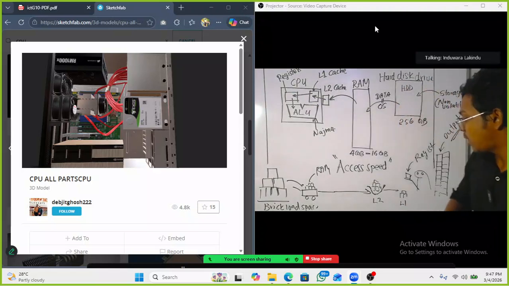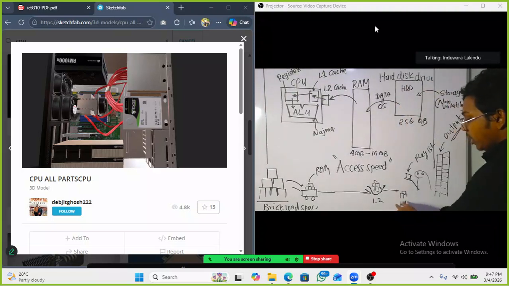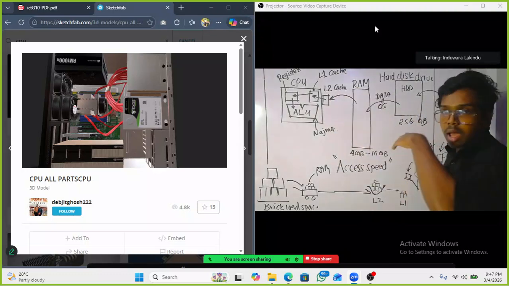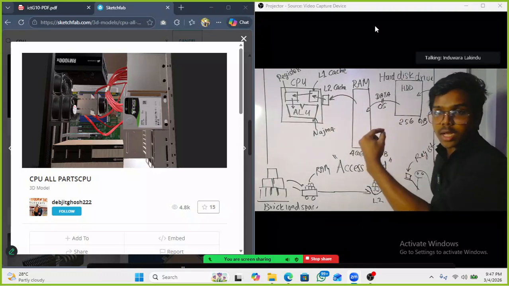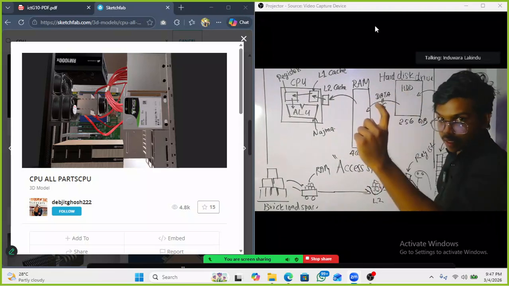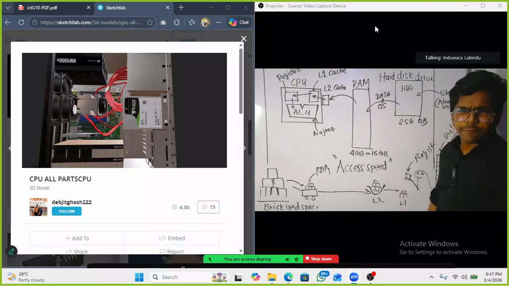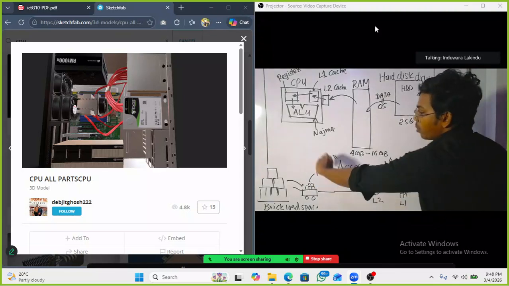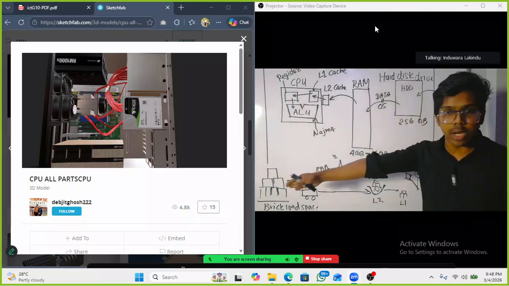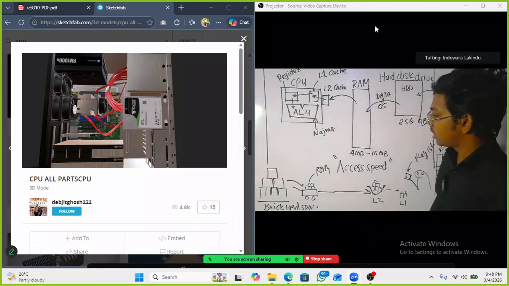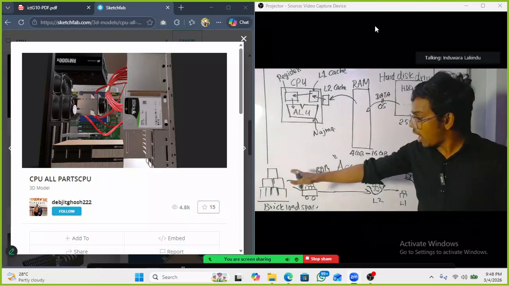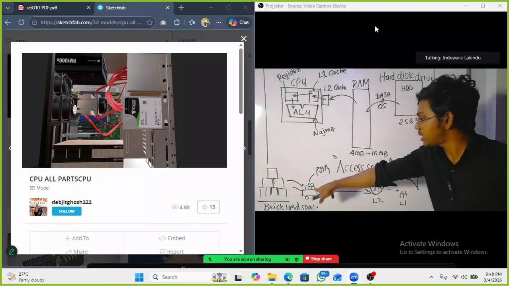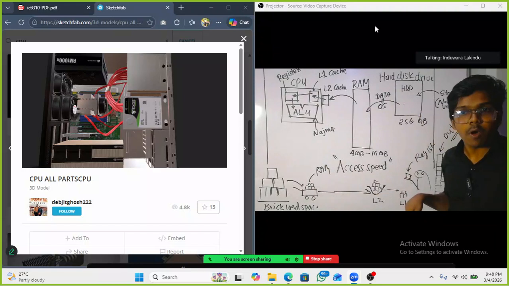And the small brick load is L1 cache. The wheelbarrow is the L2. Those are volatile memories. Memories in the sense that at the end of the day, all these bricks will be cleared and put back to the main brick load, that means the hard disk. We are not keeping the bricks in these places for long.